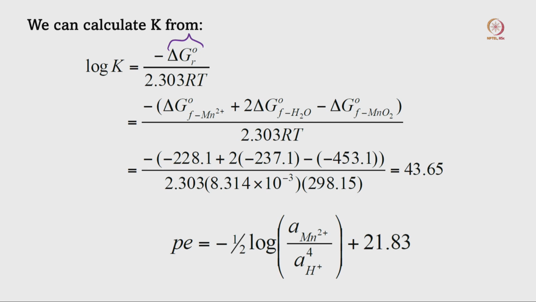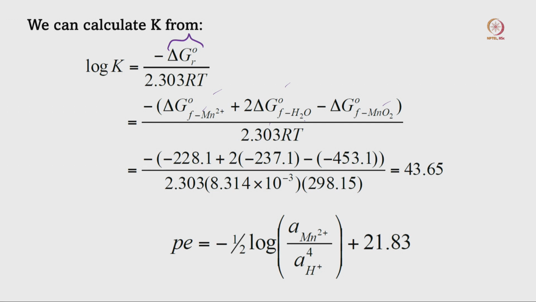We are going to calculate it from the formation reactions. So, delta G0 F of Mn2 plus, delta G0 F of H2O and delta G0 F of MnO2, and those values are always available. These formation values are always there. So, we just plug in those values.